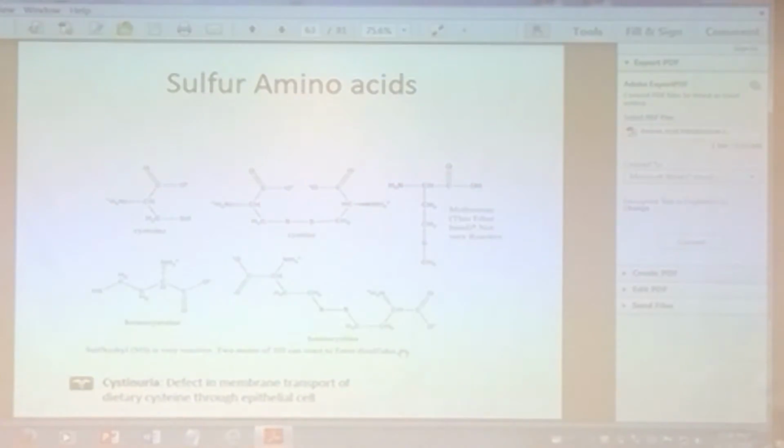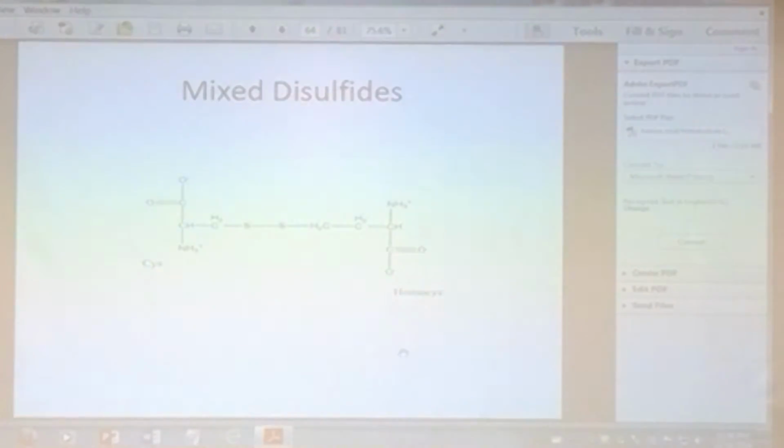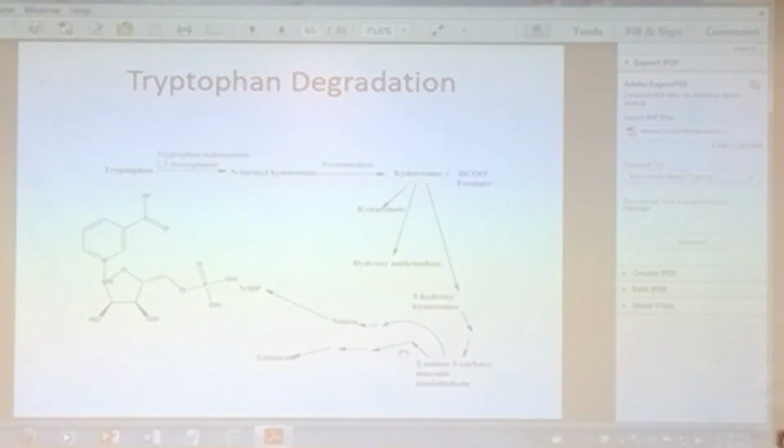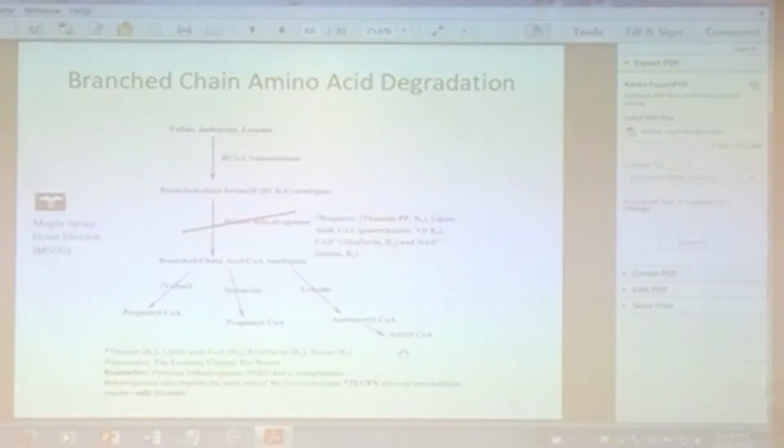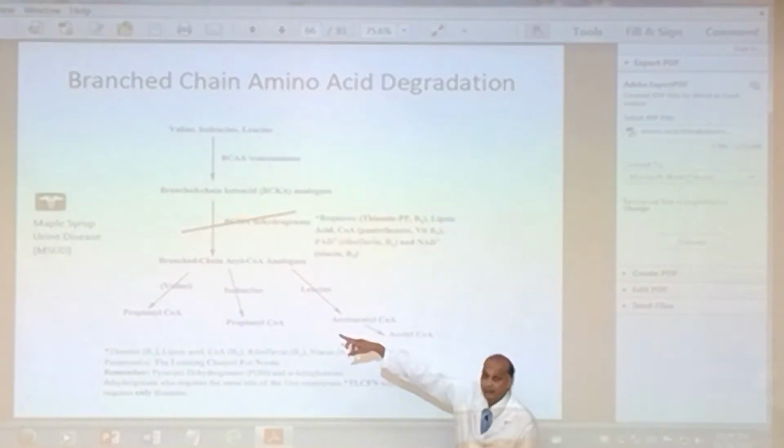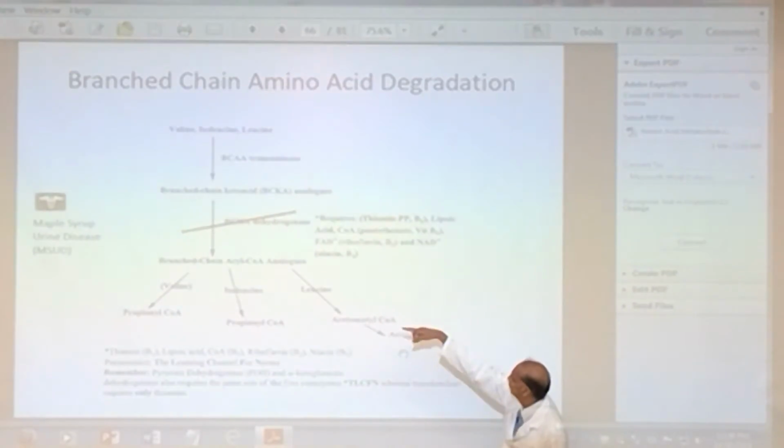Okay. Cystinuria is the other condition that we talked about. That's the defect in the dietary transport of the cysteine. Okay, mixed disulfide. Tryptophan is degraded. The useful products are nicotinamide mononucleotide and then formic acid, that's one carbon. Branched chain amino acid degradation is a condition that we looked at as maple syrup urine disease, MSUD.